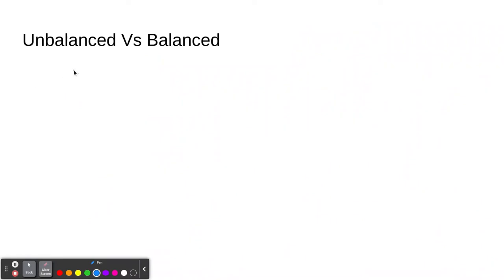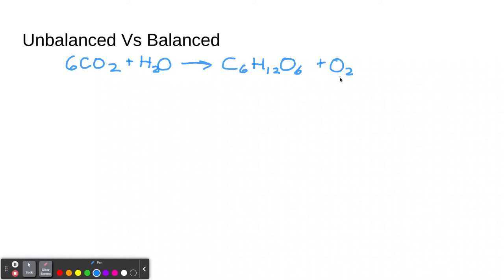So we started with 6 CO2 plus H2O, and we yielded glucose. Remember we said this glucose, 6 carbon, 12 hydrogen, 6 oxygen, plus 2 oxygen.